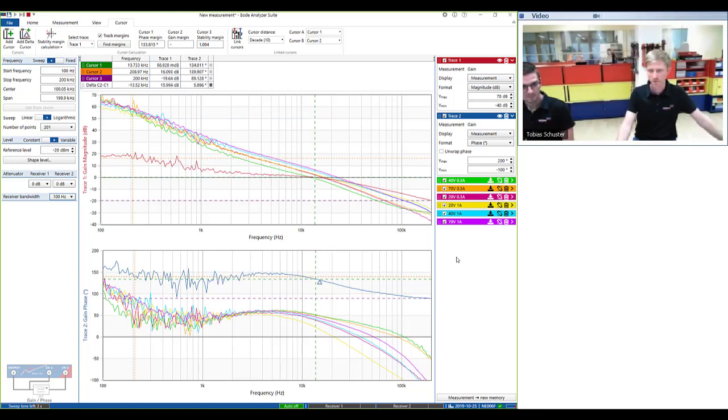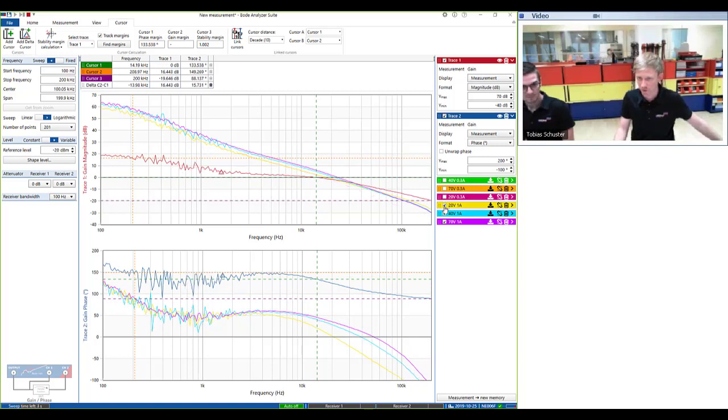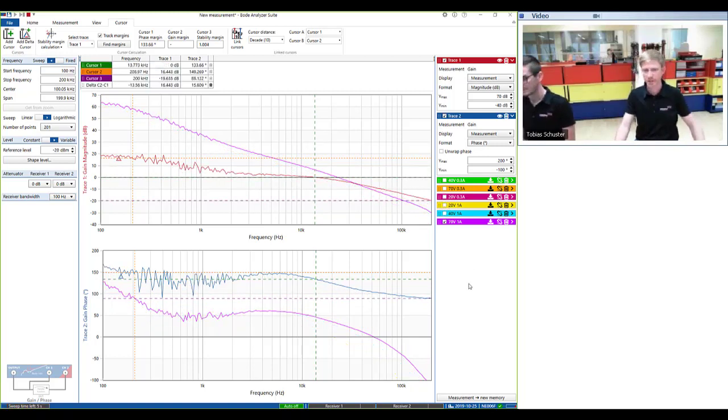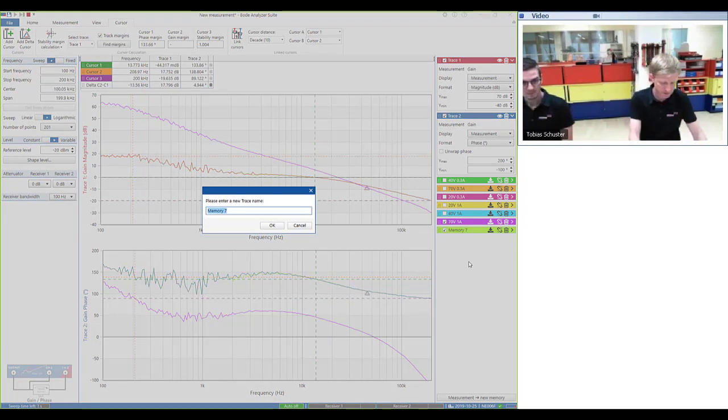And now we have the transfer function of the compensator. I'm gonna switch off most of the curves, only the one that is in the same operating condition. So that's now the compensator, I call it compensator.